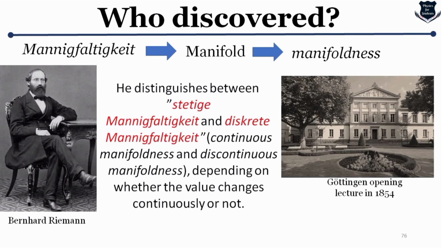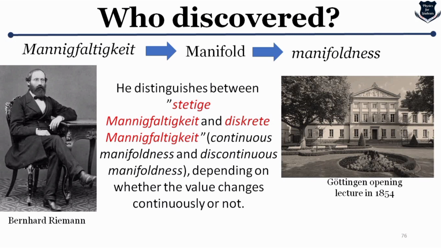So in his Göttingen inaugural lecture, Riemann described the set of all possible values of a variable with certain constraints. And because a variable can have many values, he distinguished between two kinds: continuous manifoldness and discontinuous manifoldness, depending on whether the values change or not.